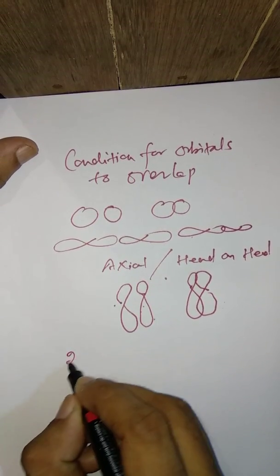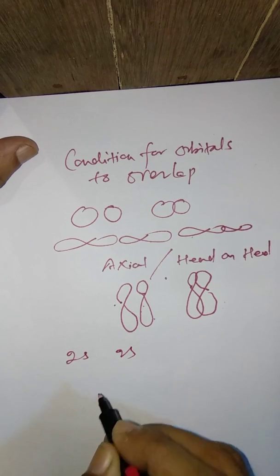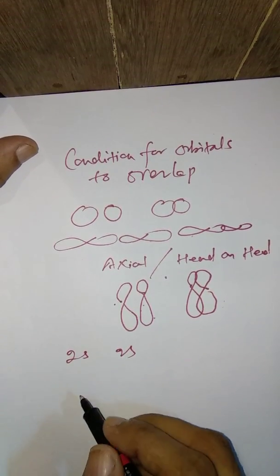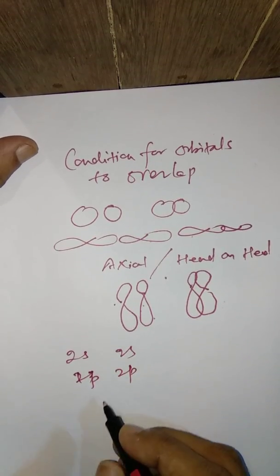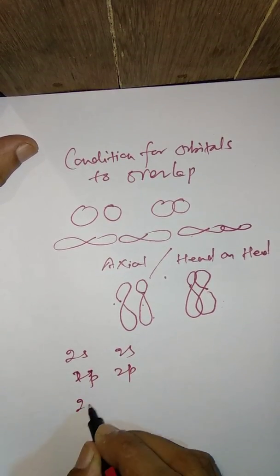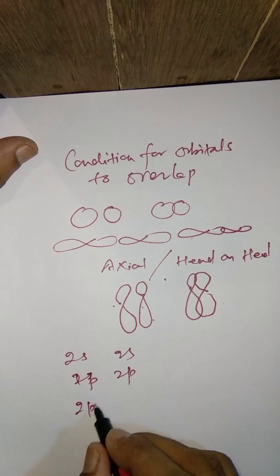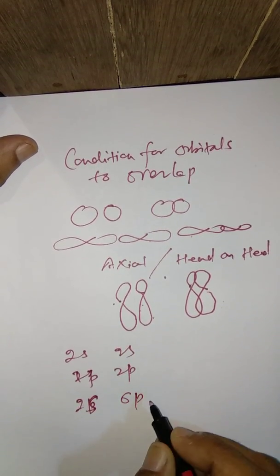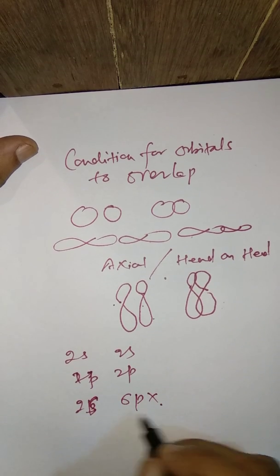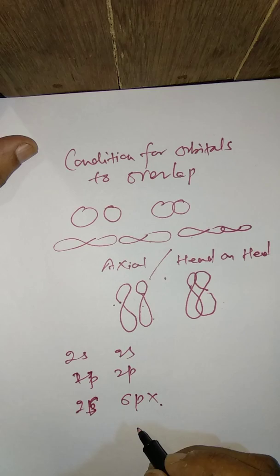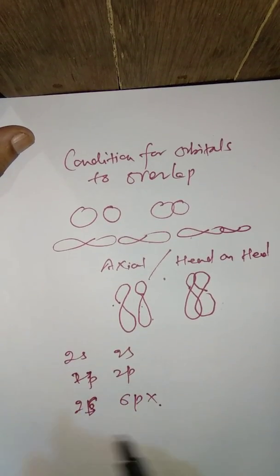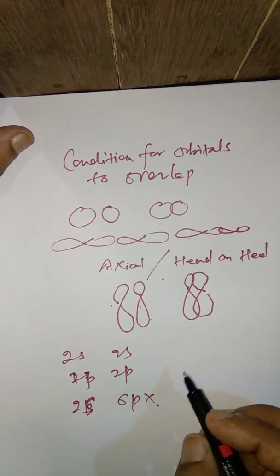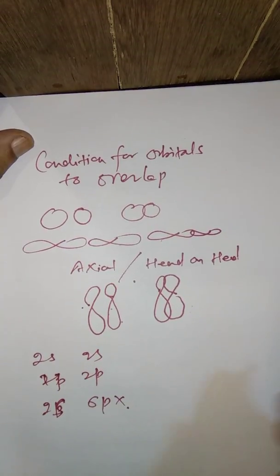Like 2s and 2s can overlap, and 2p and 2p can overlap, but 2s and 2p are not allowed to overlap, as the energy level is very different. It means the very first thing is that the two orbitals must have almost the same energy, otherwise their overlapping will not be possible.